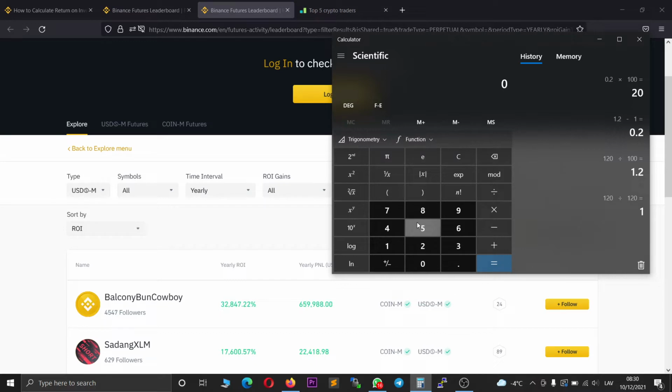So now if you use 100x leverage, that would mean you spend $100, that's your investment. However, on a deal, you have $10,000.